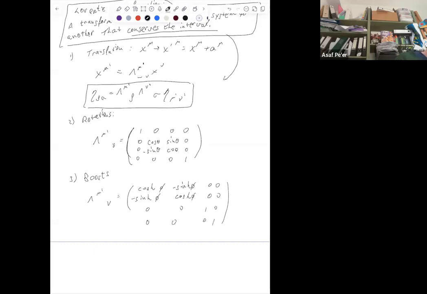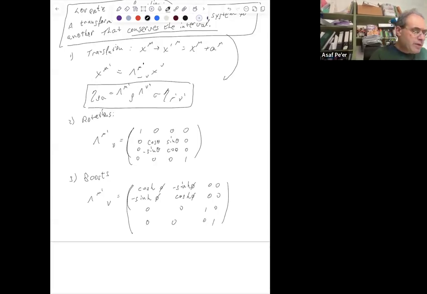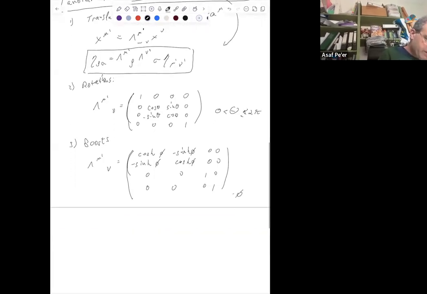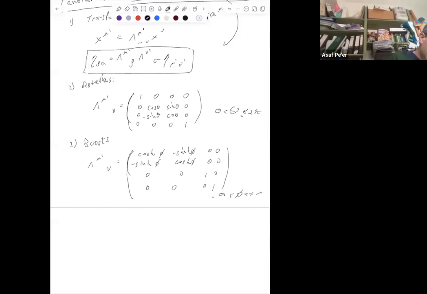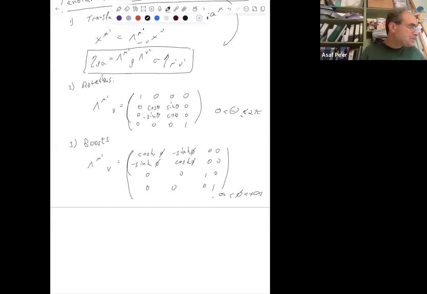Of course, this is a boost in time and x, while the rotation is in x and y. Of course, theta is between 0 and 2 pi, but phi can go from minus infinity to plus infinity because of the nature of hyperbolicus functions.